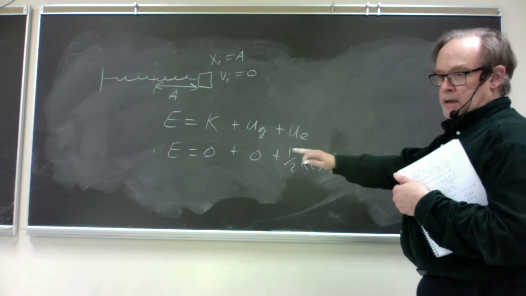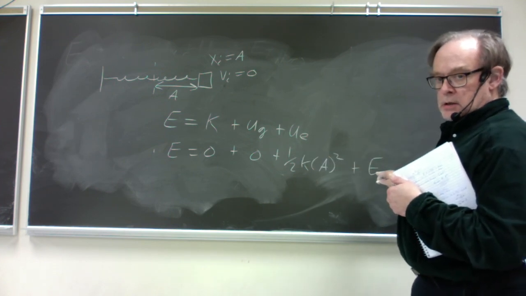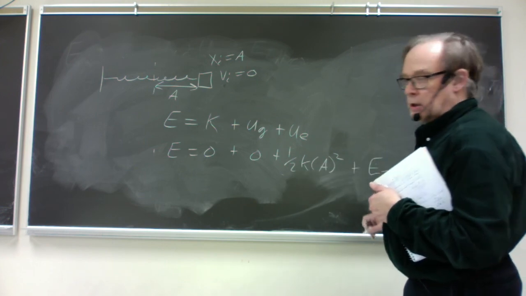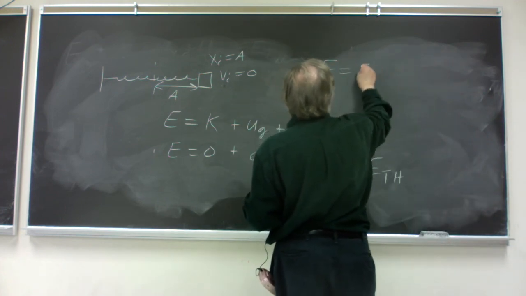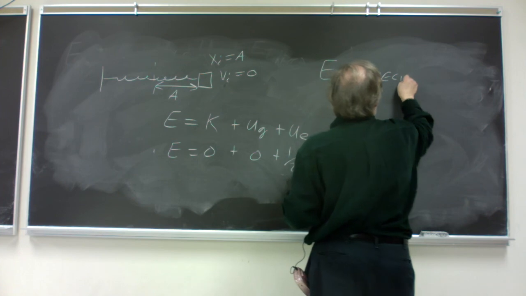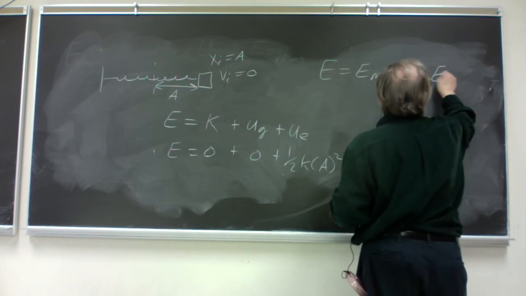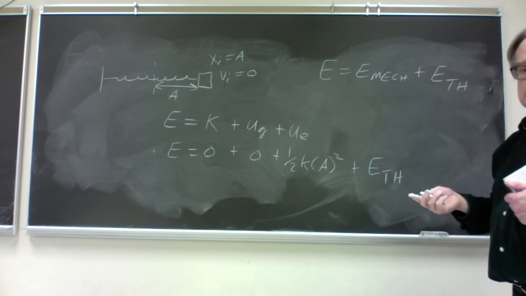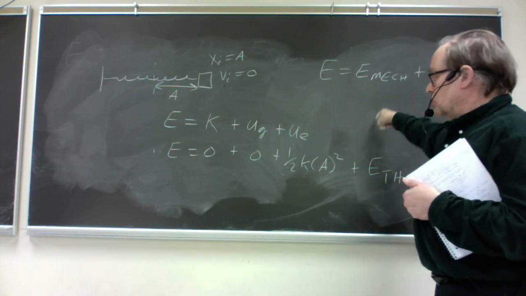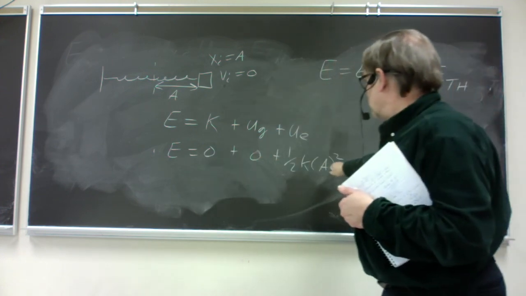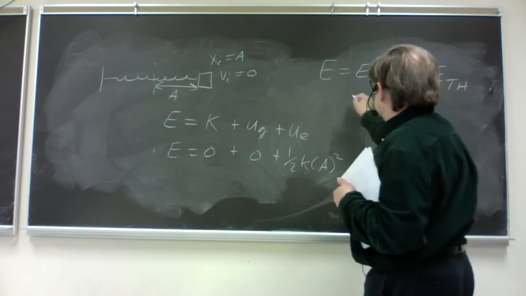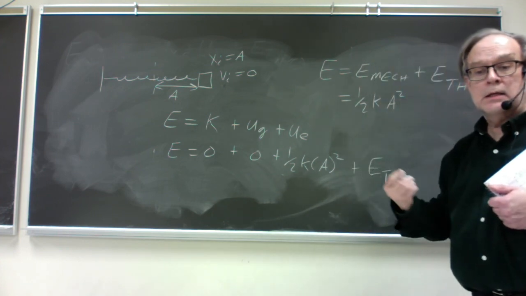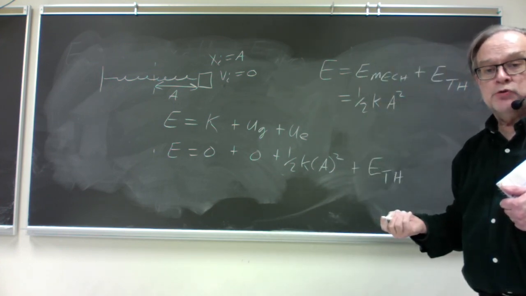But remember, we divide the total energy of a system into mechanical energy and non-mechanical energy. So at this moment, the mechanical energy, which is all of the kinetic plus potential, which is all of this, is simply 1/2 K times amplitude squared.